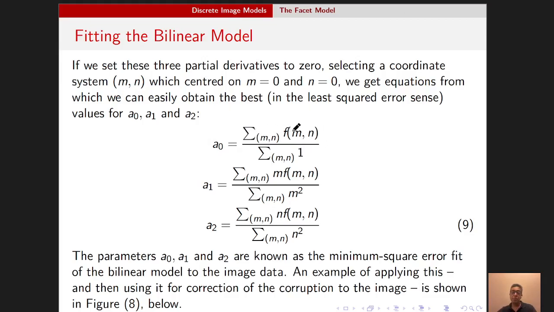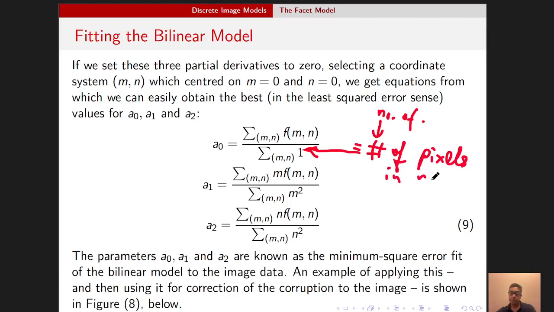So the sum of intensities F_mn over the region that we're doing the bilinear fit in, divided by this weird looking thing down here. But this is just the number of pixels in the region. That's not a hashtag, by the way, that's 'number of'.